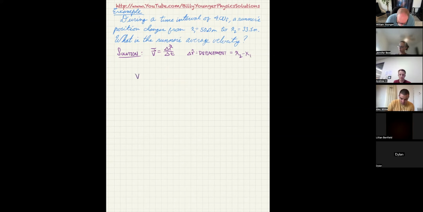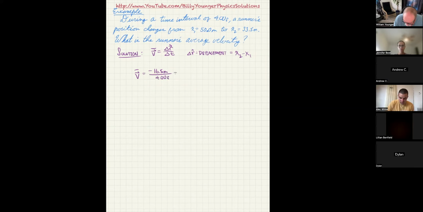So I can say V bar average is going to be negative 16.5 meters divided by 4.00 seconds. And of course, 16 divided by 4 is 4, but 0.5 divided by 4 is 1/8, 0.125. So I'm going to say this is negative 4.125 meters per second.